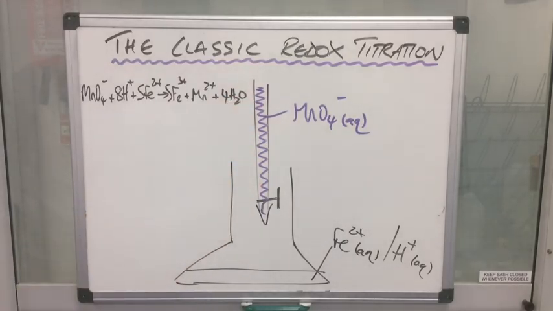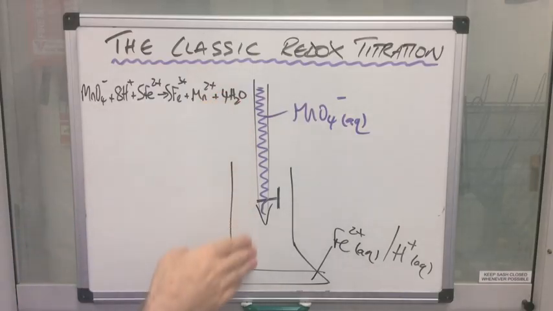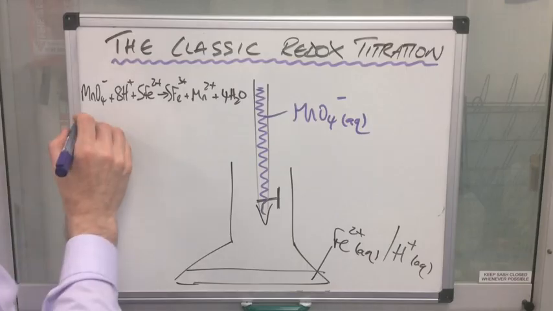That's why I've chosen the purple pen. And in the conical flask you would have your solution of iron 2+ with some aqueous acid in there to provide the acid conditions. So keep an eye on the colours here. Remember, this is purple.